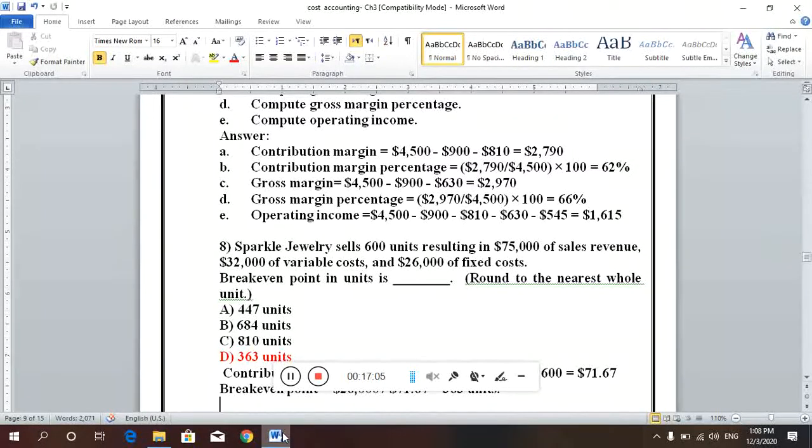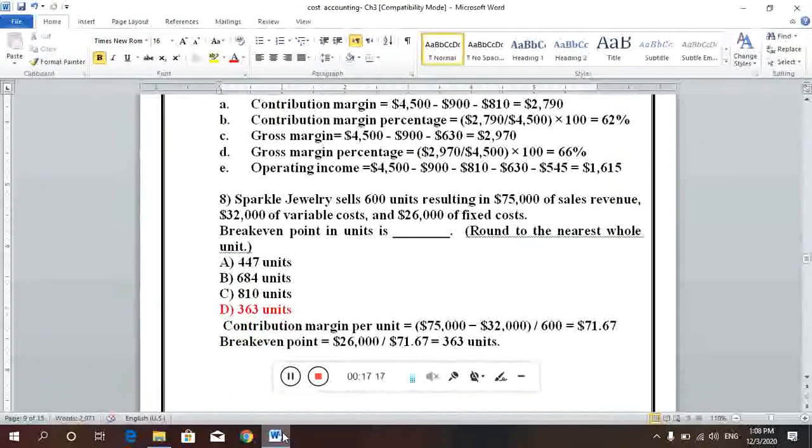So our rule is break-even point in units equals fixed costs divided by contribution margin per unit. So we need to compute the contribution margin per unit first. Contribution margin per unit will equal sales revenue minus variable costs divided by units sold.